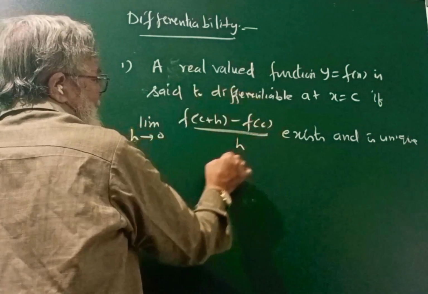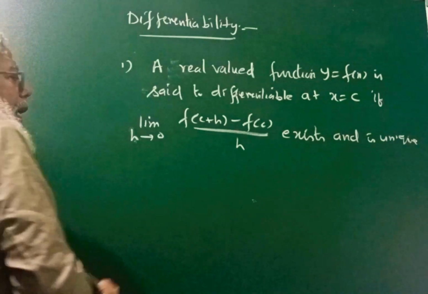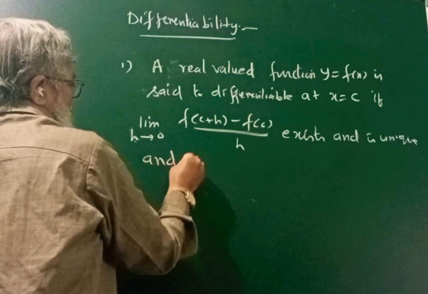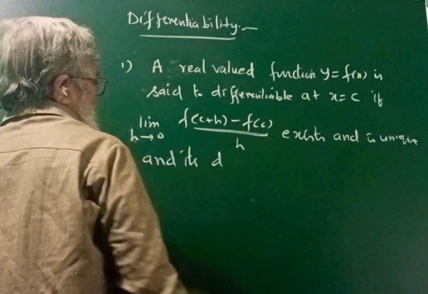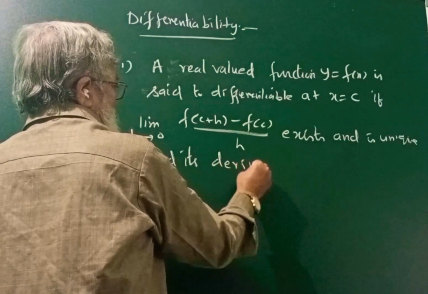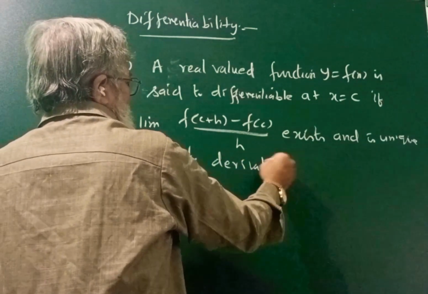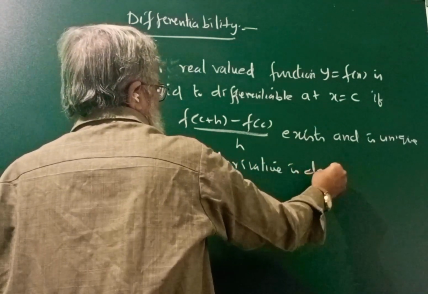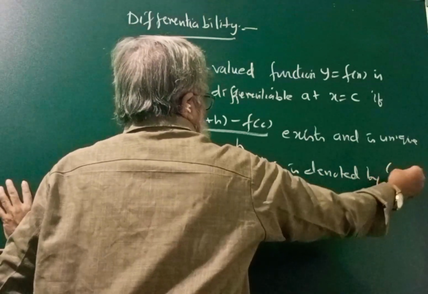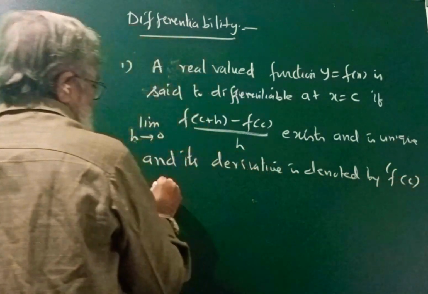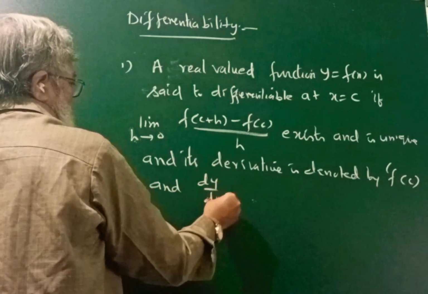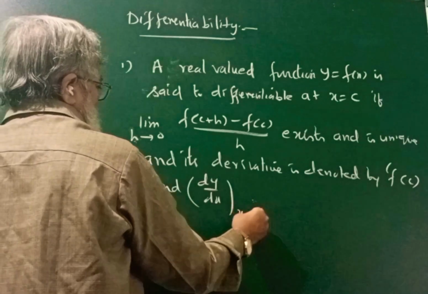The value of this limit is called the derivative, and it is denoted by f dash of c, or we may also write it as dy by dx at the point x is equal to c.